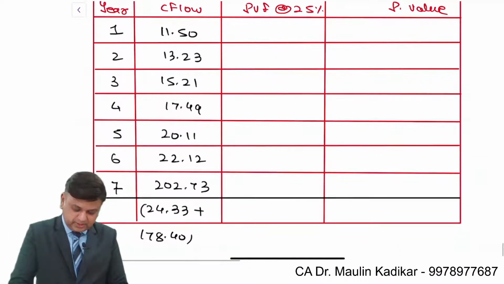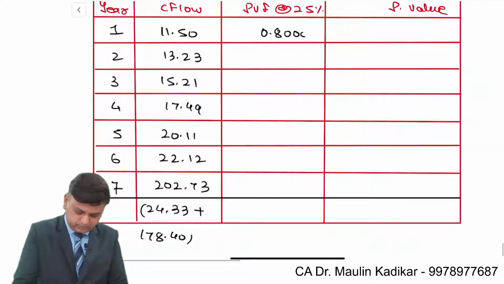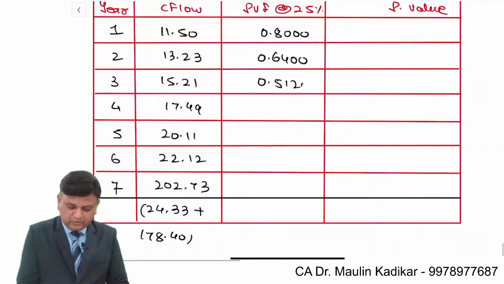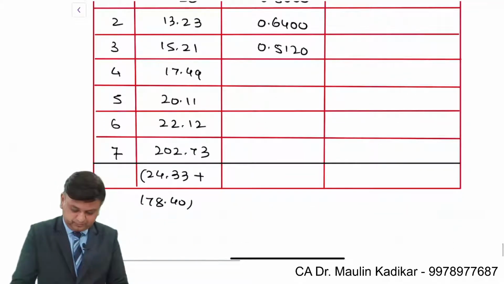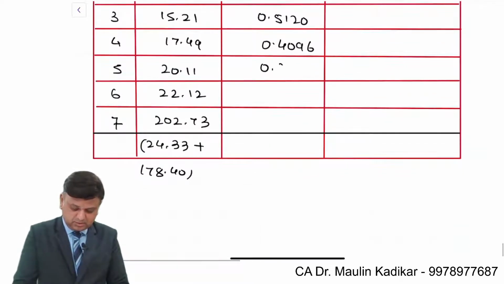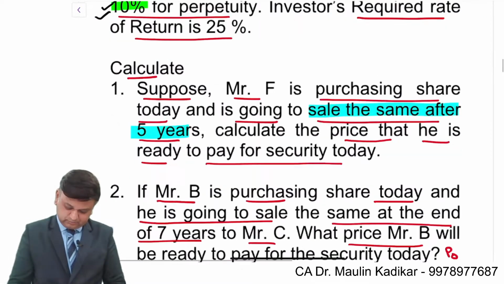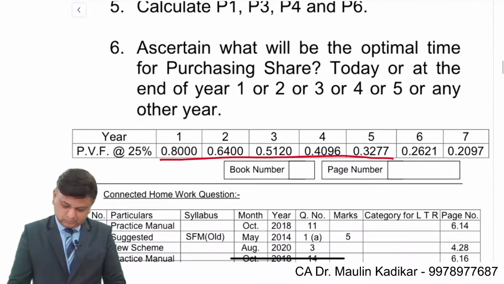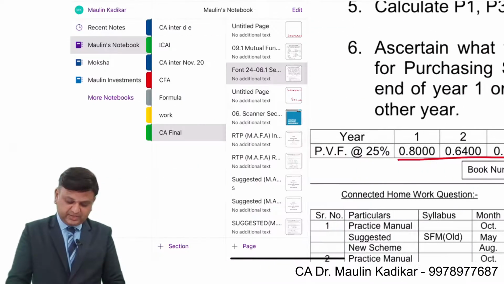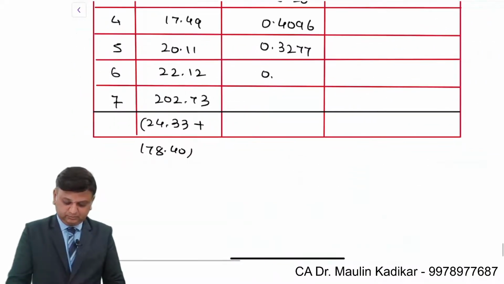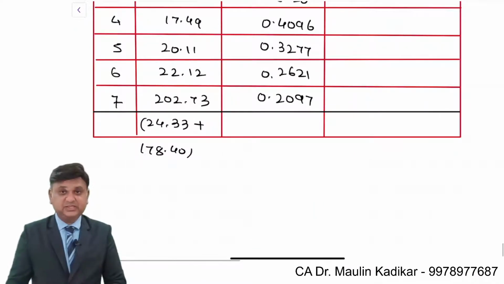Discounting factors are 0.8, 0.64, 0.5120, 0.4096, 0.3277, then 0.2621 and 0.2097.